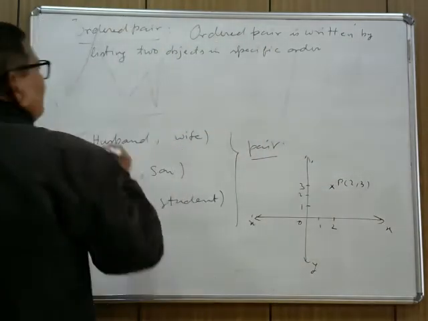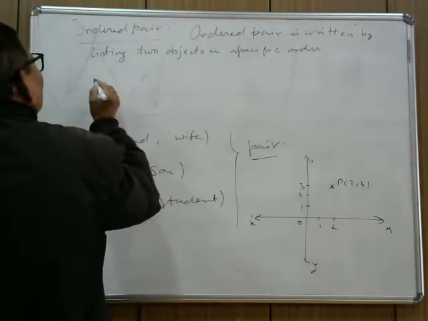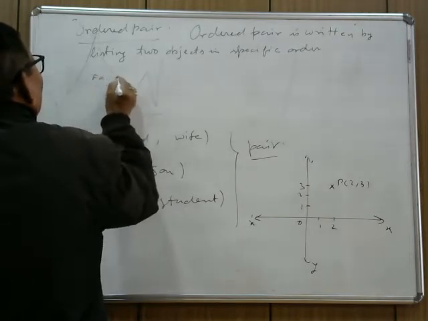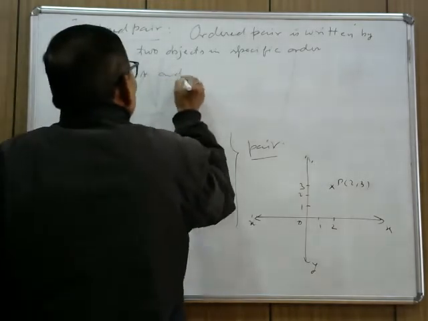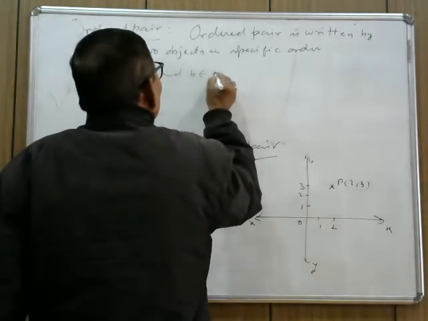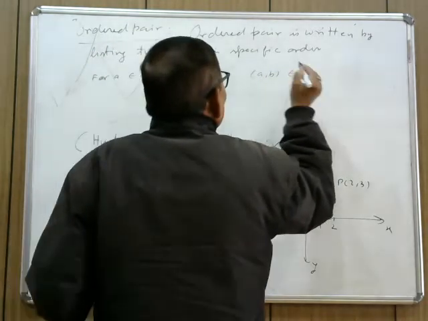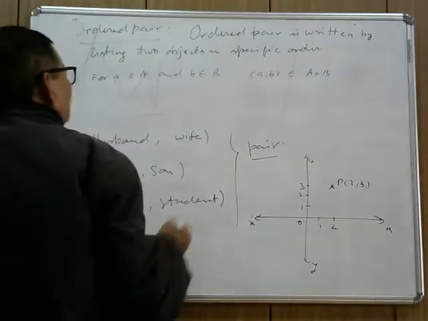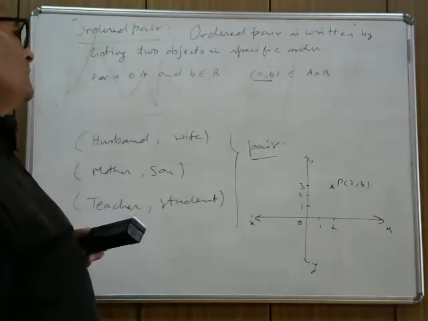For example, another definition: for a belongs to A and b belongs to B, (a, b) belongs to the Cartesian product A cross B. Here a and b are written in a specific manner.